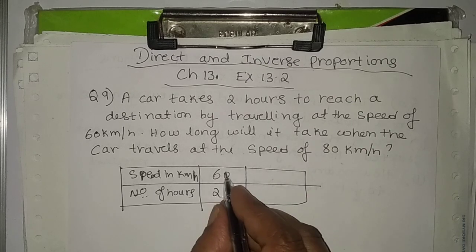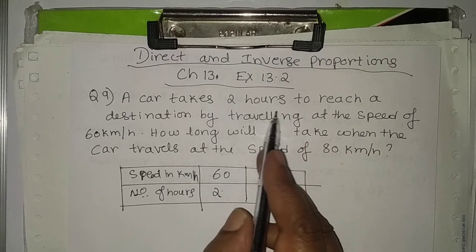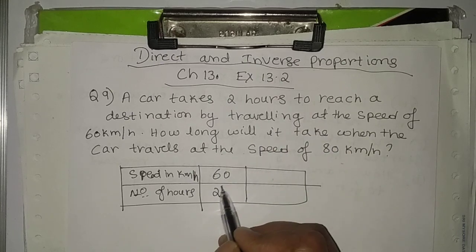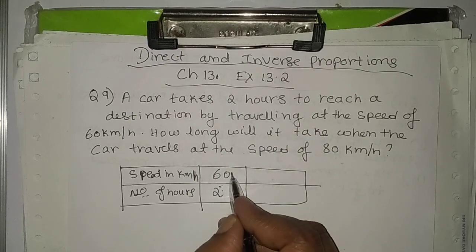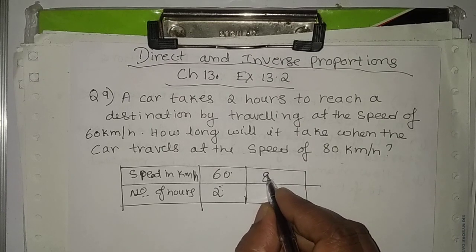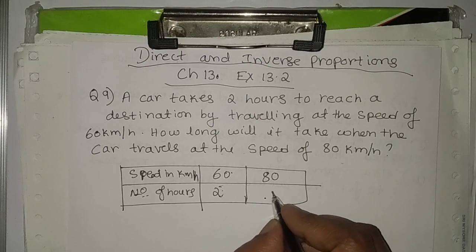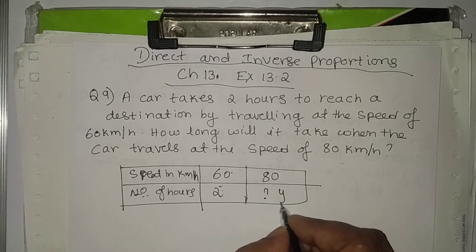So when the speed is 60 kilometers per hour, the car takes 2 hours to reach a destination. Now we have to calculate if the speed increases, how many hours the car takes to reach the destination. So this is y.